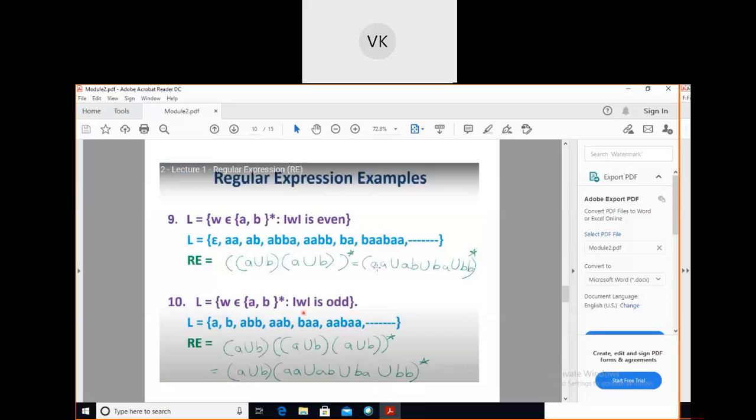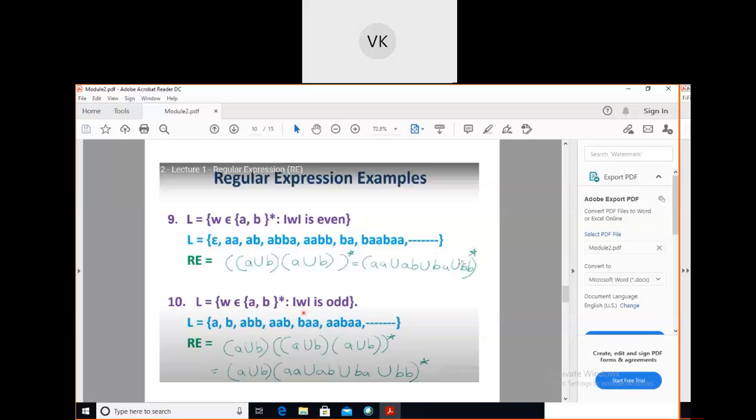Here you see, AA union, yes or no? Here star is there, which means zero or any number of occurrences of the values here. AA union AB union BA union BB. Union is there, so I may have this one, this one, this one, or this one, any possible, with any number of times.